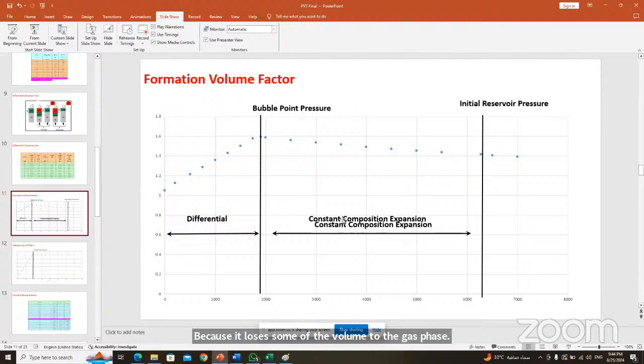We get the values for the formation volume factor, which represents the ratio between the volume at reservoir condition to the volume at the surface condition. We get that from the CCE above the bubble point. Below the bubble point, we get it from the differential test.